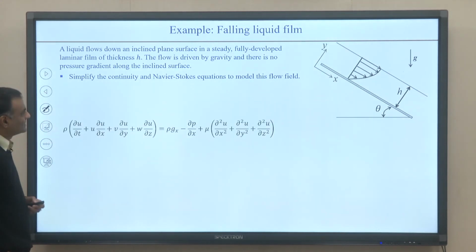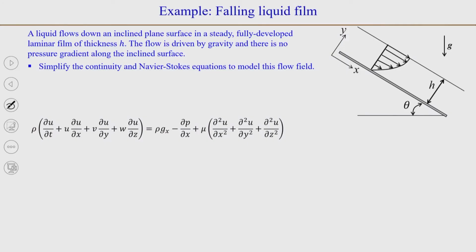Now, let us write down the momentum conservation equations. So, this is the momentum conservation equation along the x direction. When we write down the momentum conservation equation along the x direction, we can try to simplify this equation by finding out what terms can be neglected or can be cancelled. So, the first term, which is time dependent term, dou u by dou t is equal to 0.